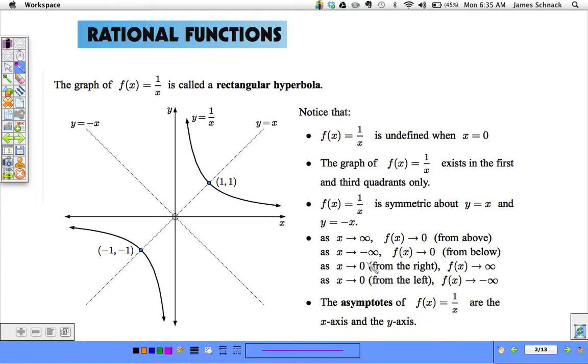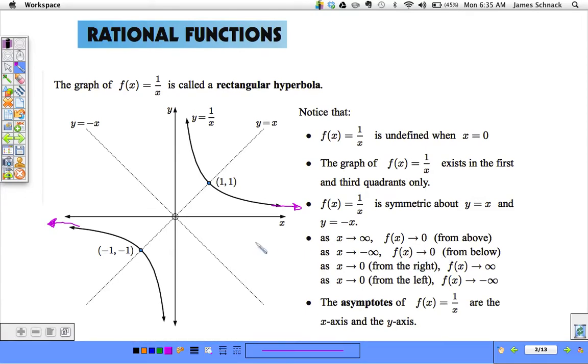We have our symmetry. And now let's look at what happens as x approaches infinity, as x gets infinitely large. As we go that way, our graph, our f of x value, is getting closer and closer and closer to 0. As x approaches negative infinity, as we go really far to the left here, what is our output doing?